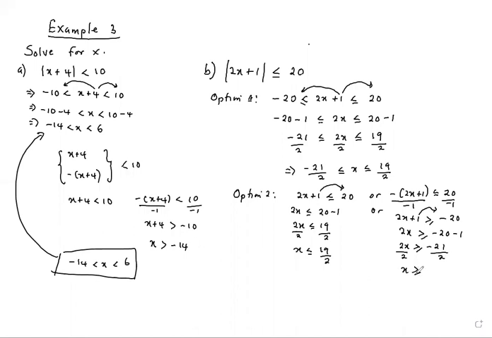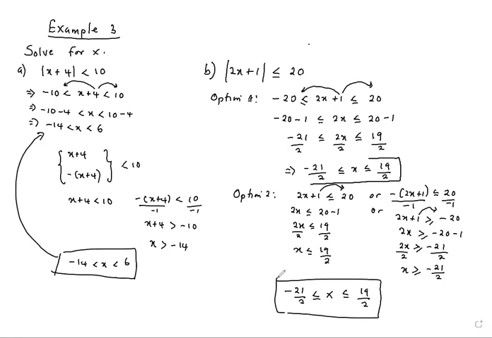X is greater or equal to -21 over 2. Now, this means -21 over 2 is less or equal to x, but x is also less or equal to 19 over 2. This here is the same as what we have here. You choose which method works for you better.